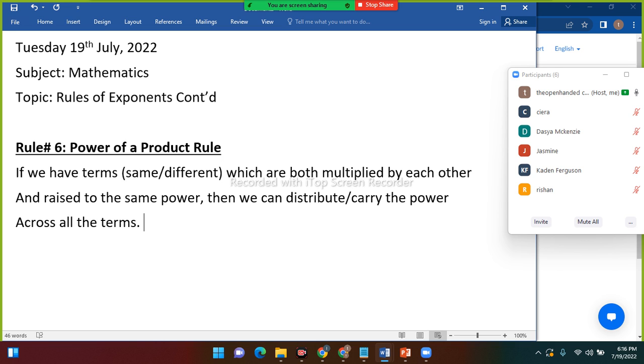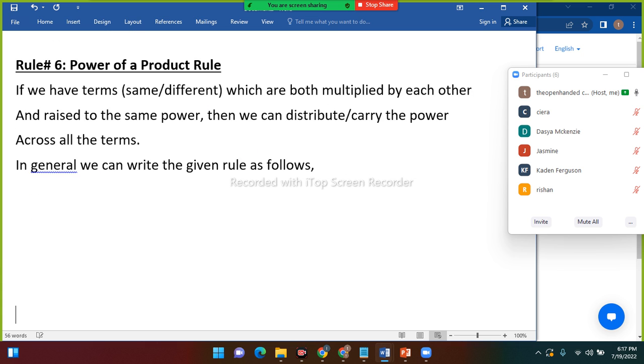Okay, so in general, we can write the given rule as follows. So let me make more space.